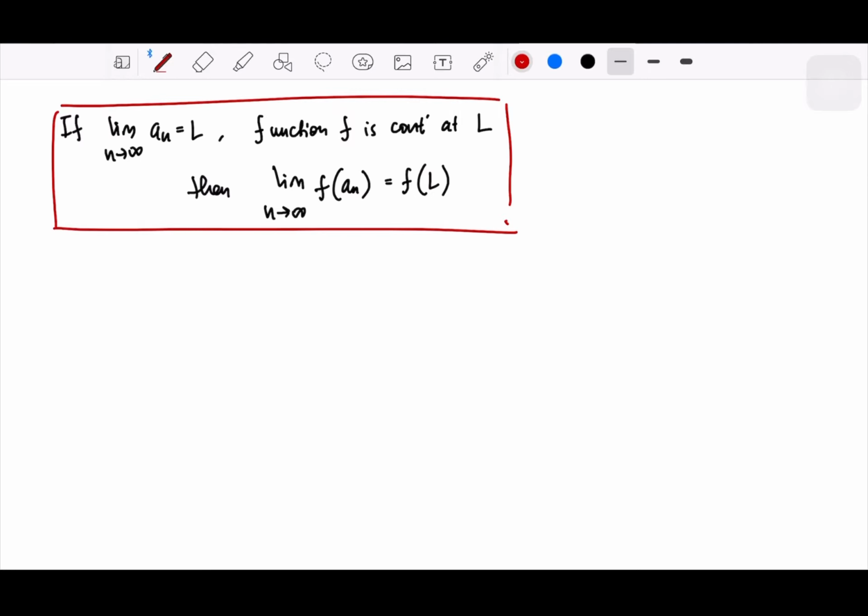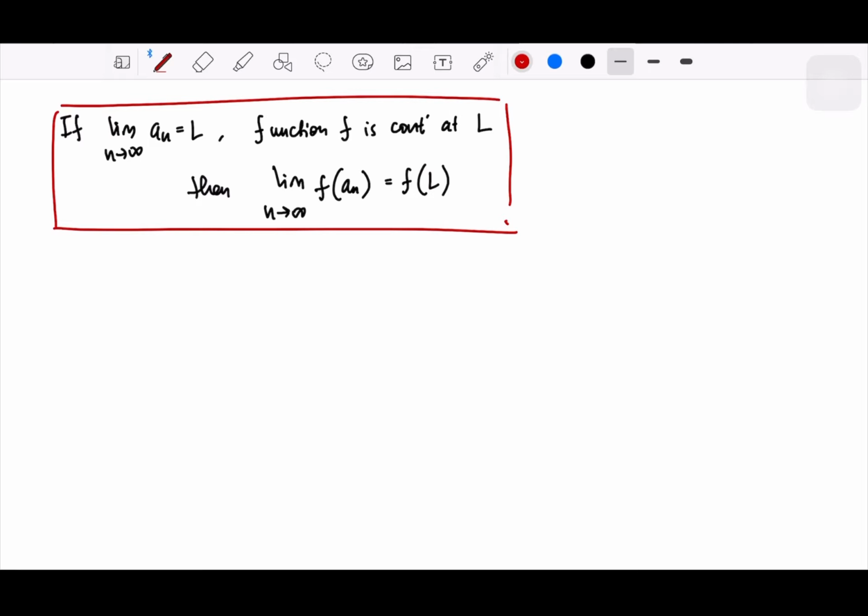That is, if the limit of the sequence is going to be some L, and the function is continuous at the same value L, then we can say that the limit of the function of the sequence should be the function of L as well.